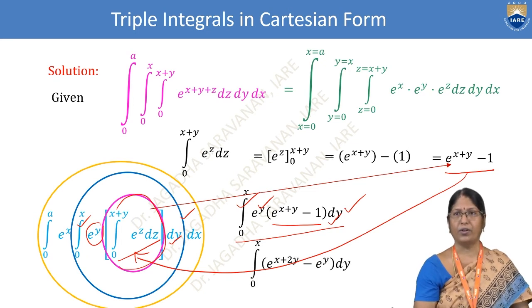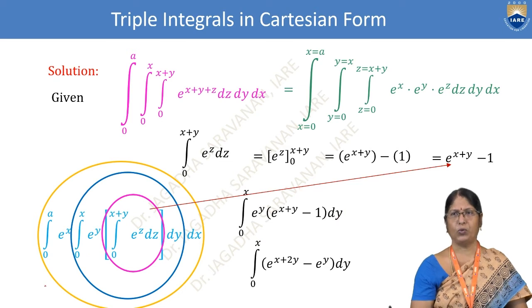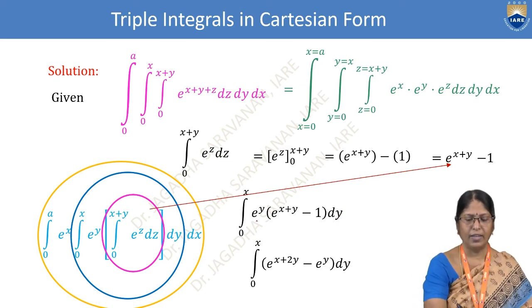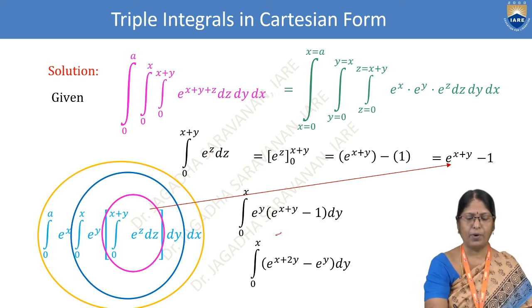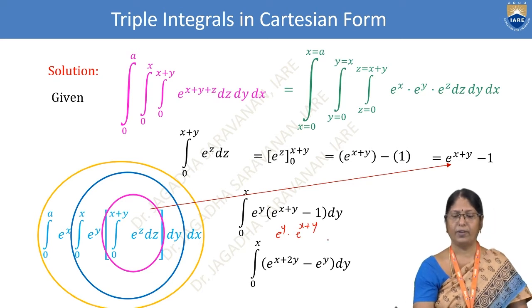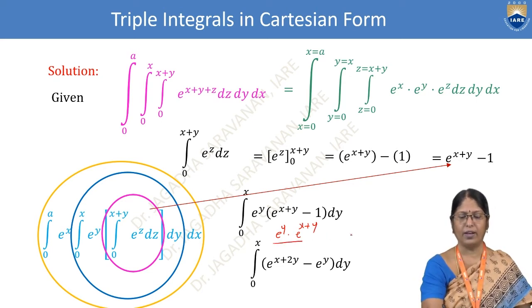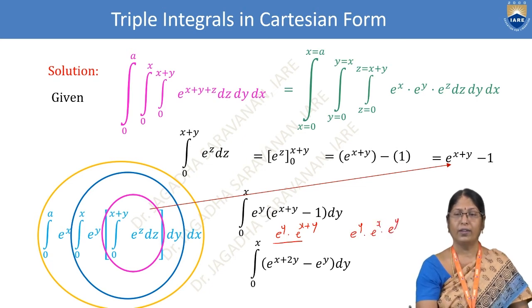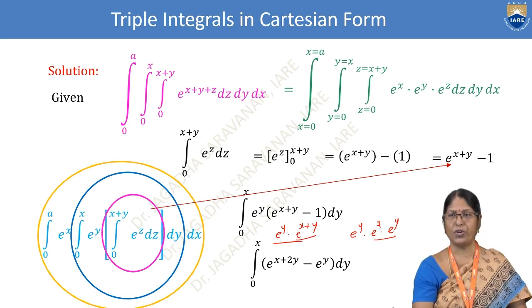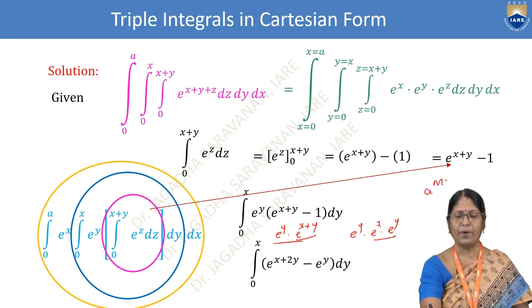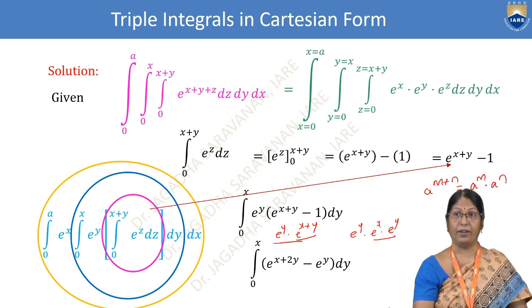Before doing the integration, we make simplifications where possible. We take e power y inside the bracket, multiplying e power y into e power x plus y. This can be written as e power y into e power x into e power y, splitting it according to the exponential law, a power m plus n equals a power m into a power n.